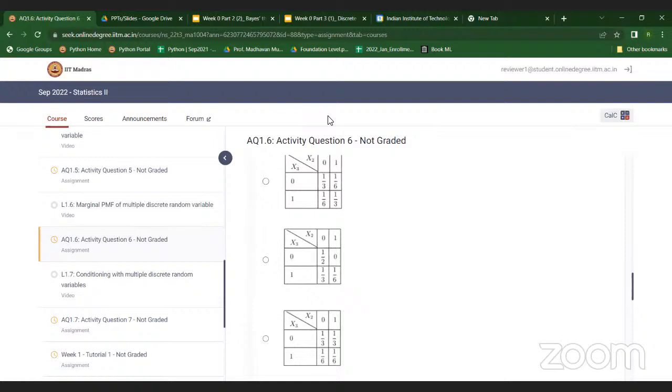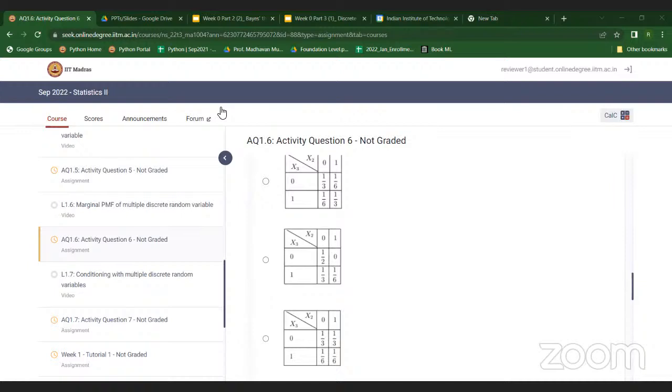Multiple random variables. If you see here, it's not so much different from two random variables. It's just that the number of variables has increased, so the computation has increased. Okay, clear? When we are looking at the joint PMF, we're actually finding the marginal PMF of those two.